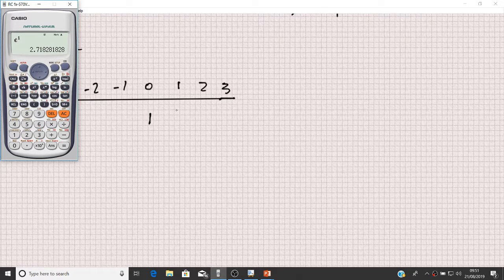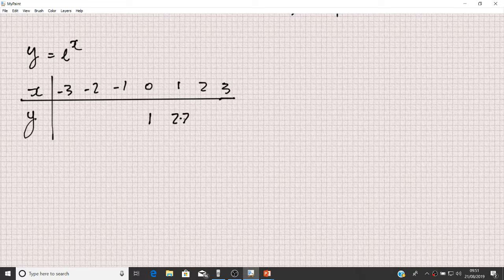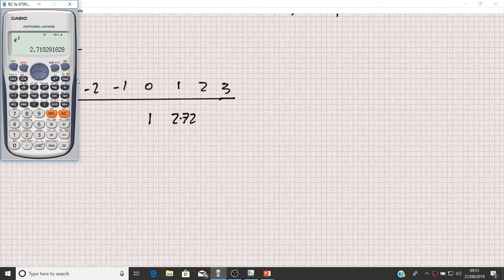We'll do 3 significant figures again, so 2.72. Then back to the calculator to do e to the power of 2. Just delete the 1 and put in the 2, and we'll get 7.39.